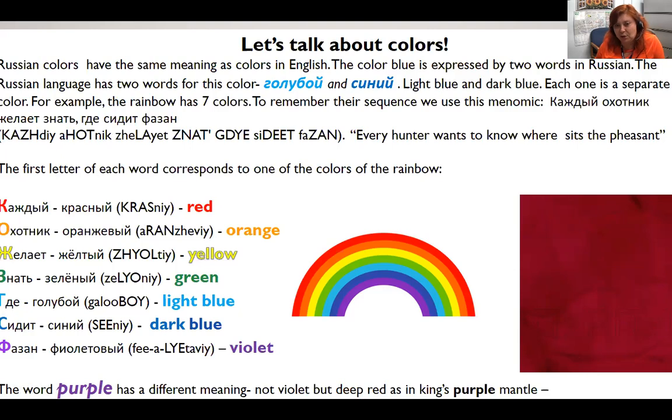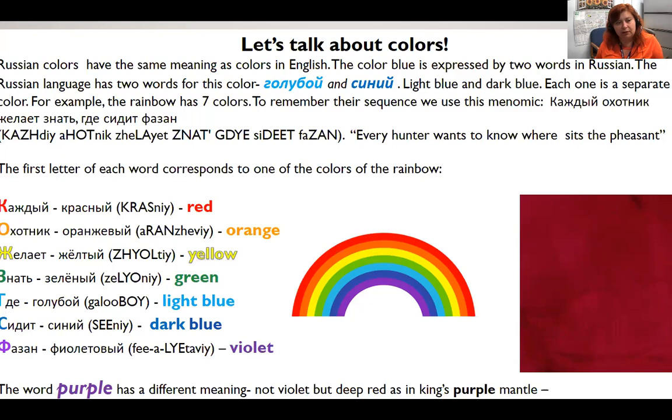So red color goes first. Охотник, hunter, starts with O, and orange color starts with O. Оранжевый. So that's the second color, orange.